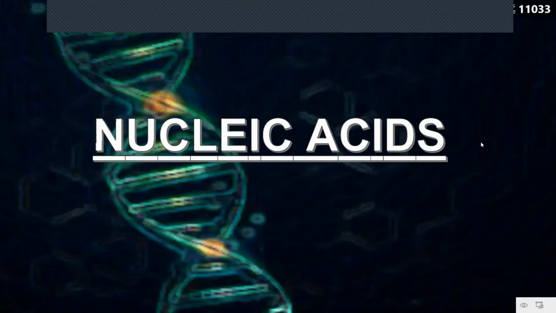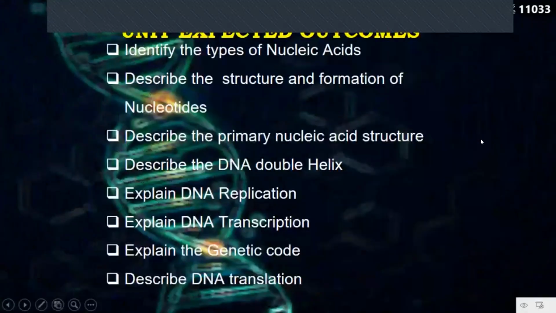So for this afternoon, we're going to discuss the different types of nucleic acid, its structure, and how nucleotides are formed. Diba? As I've mentioned earlier, nucleotides is the monomer of nucleic acid, and it contains different compounds, different molecules. Okay?